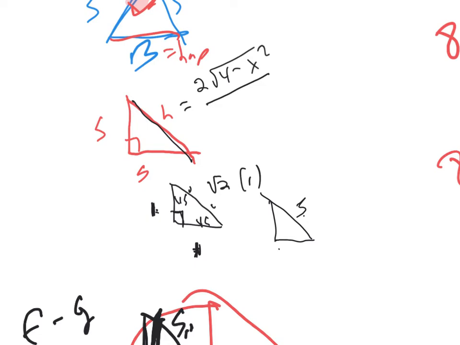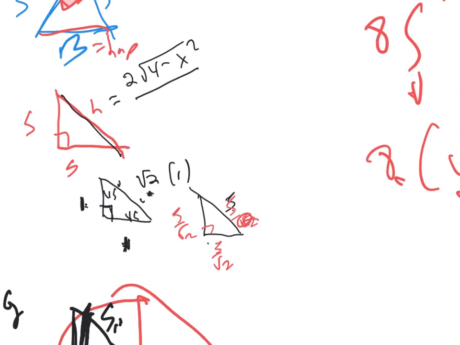I don't know if it's going to work. Let's see. Yeah, because square root of 2 divided by square root of 2 is a 1. So if I divide this 5 by the square root of 2, that gives me 5 over the square root of 2 for each side. Let's see if it works.